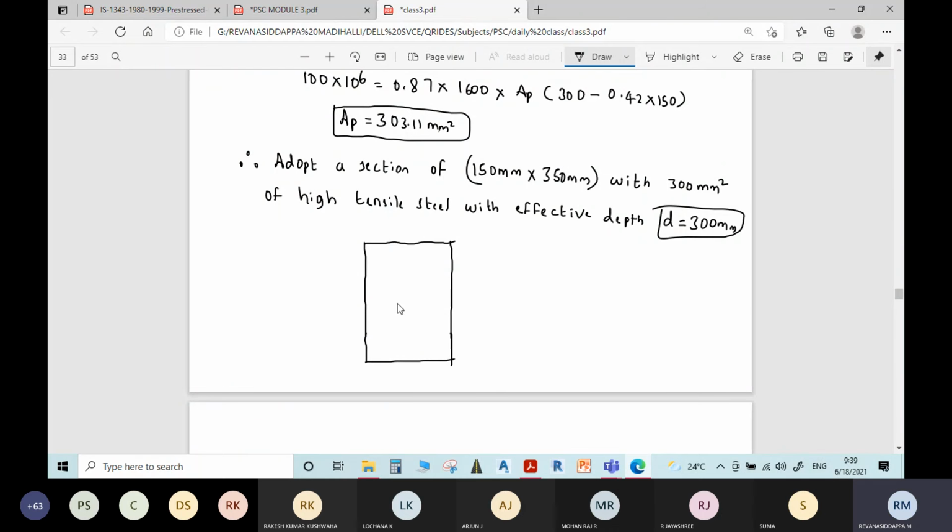So overall depth D is equal to 350 mm, and width of the beam B is equal to 150 mm.